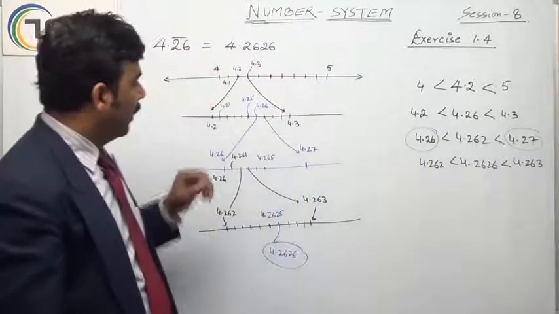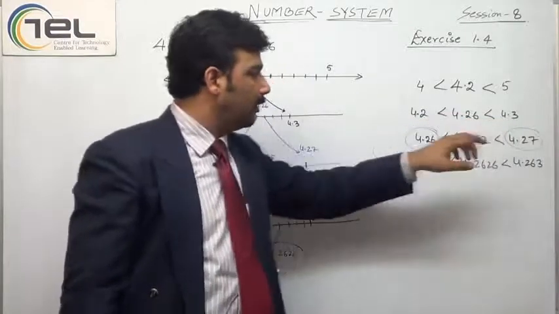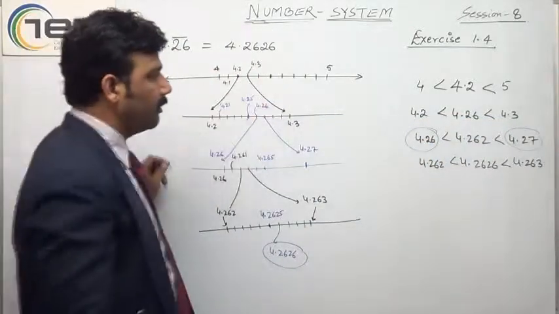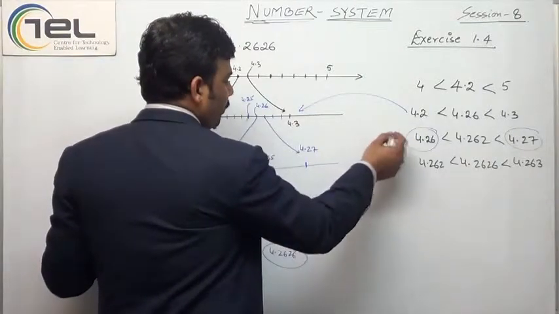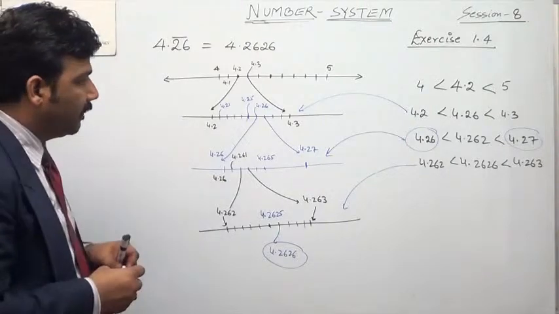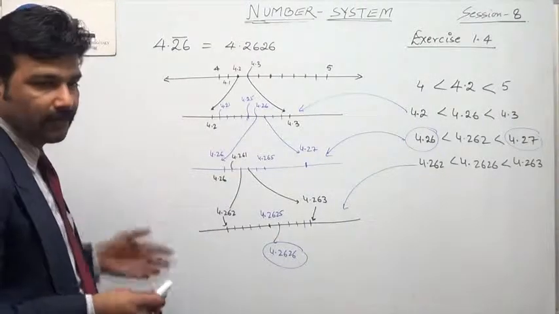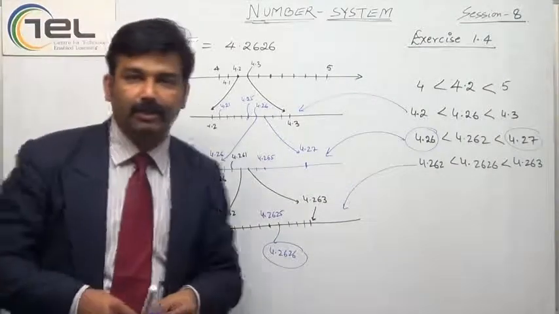This is the first expansion of the first boundary, this is the expansion of the second, and this is the expansion of the third. So we completed the question with the magnification.